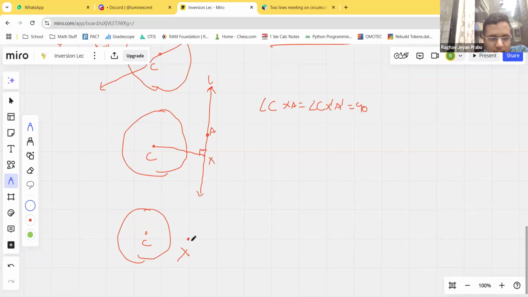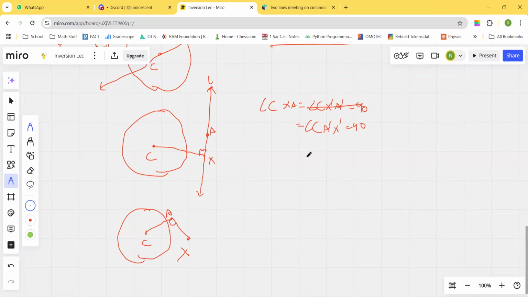A will become something like this, and X will come here. So you have angle CX, you know CX is 90, so you'll have angle CA'X' to be 90. Does everybody understand why this is true?